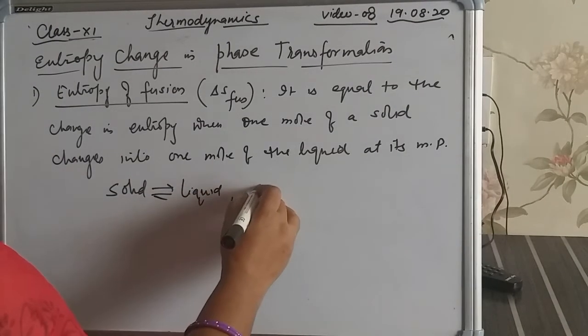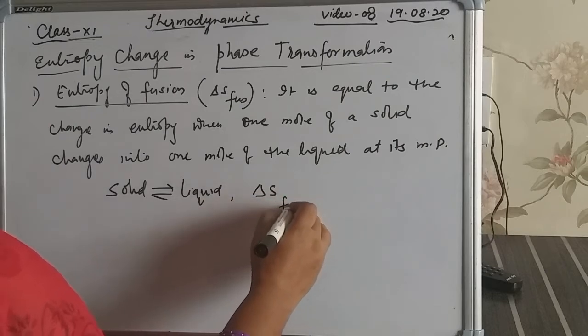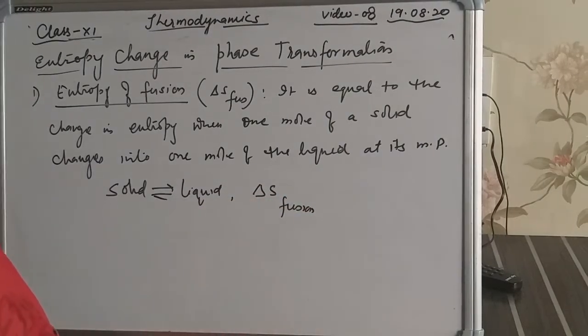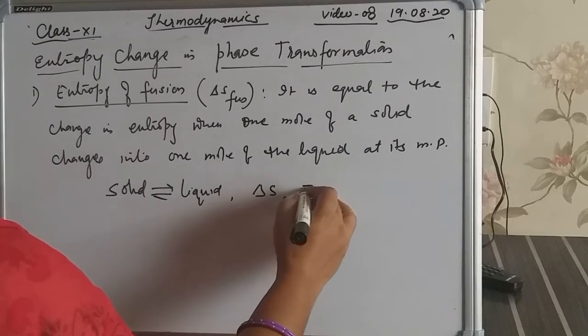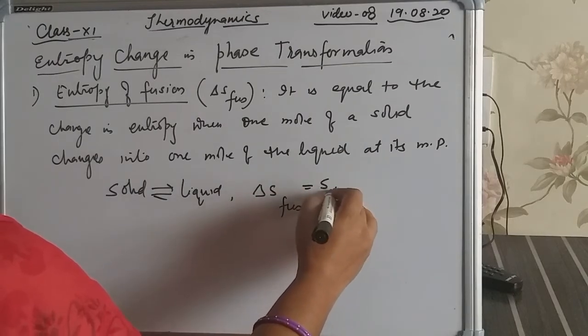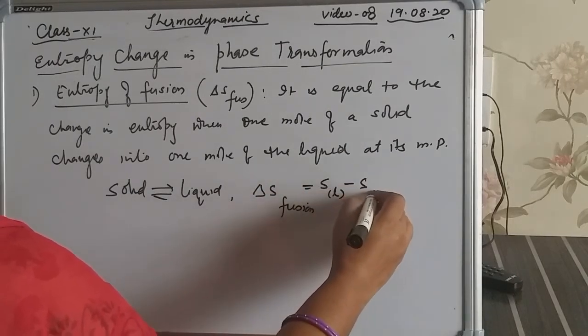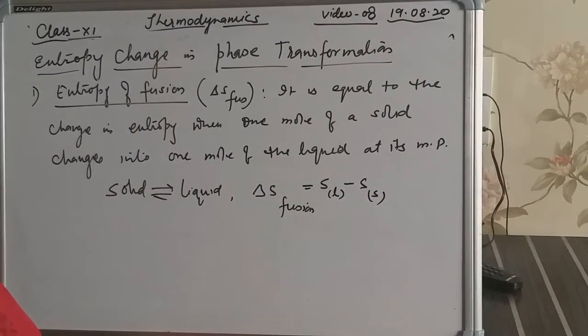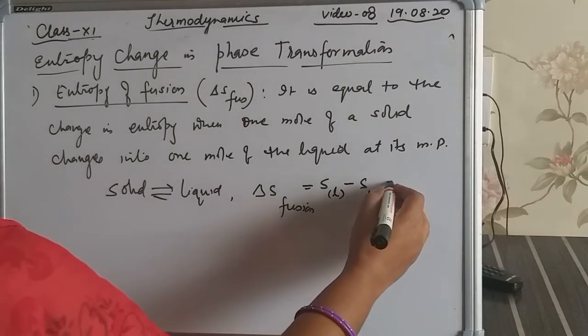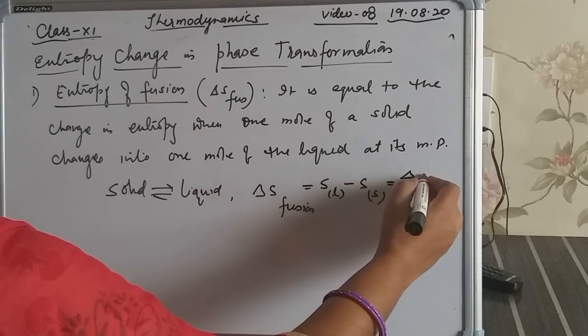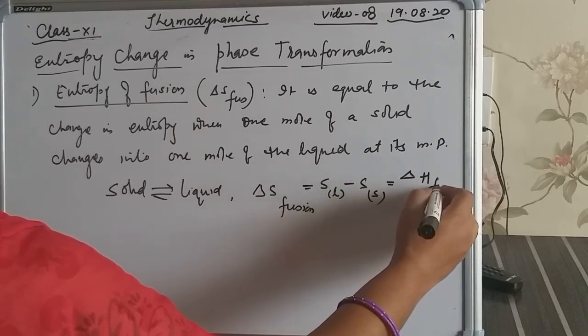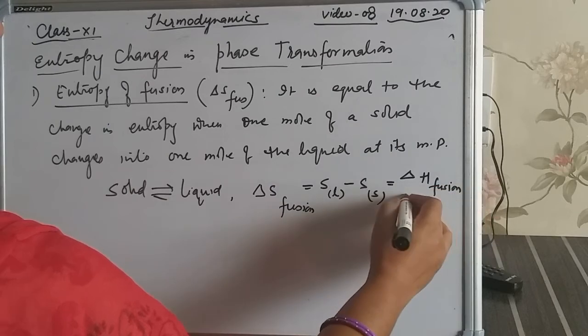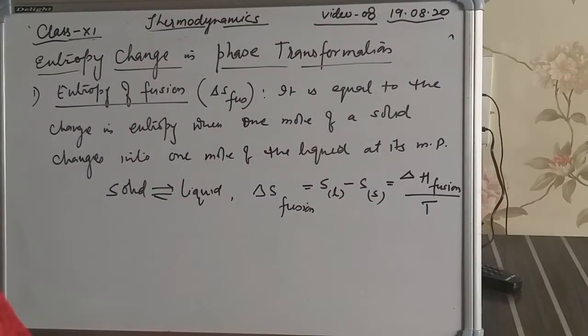So we can say that the entropy change in fusion is liquid minus solid, final minus initial. We can write it as equal to the change in enthalpy of fusion divided by temperature.